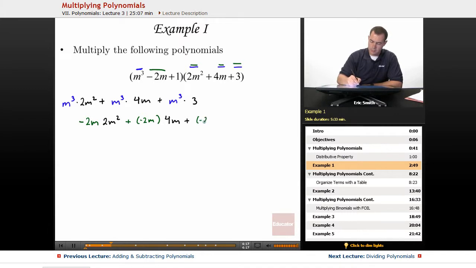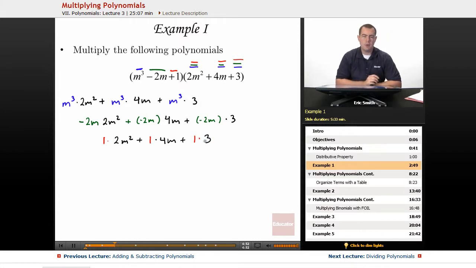And then a negative 2m multiplied by 3. Okay, quite a bit, but almost there. Now we have to take the 1 and multiply it by all three as well. So 1 multiplied by 2m squared. 1 multiplied by 4m. And 1 multiplied by 3.